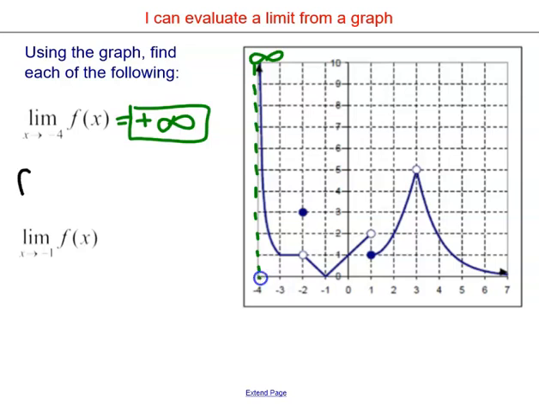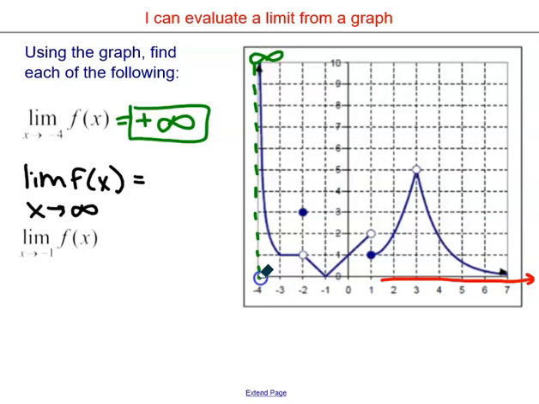I just want to throw in another one here. That is the limit as x approaches positive infinity. So if you look, as x becomes bigger and bigger and bigger, goes in that direction, what happens to the graph? What's the y value?